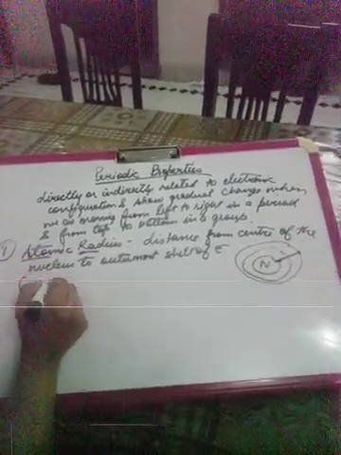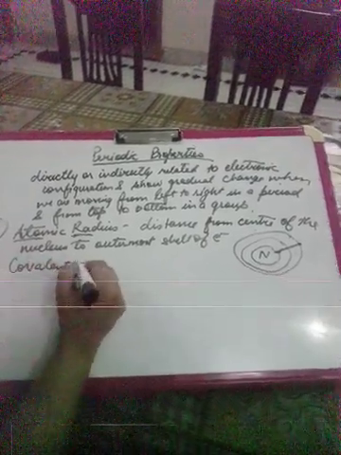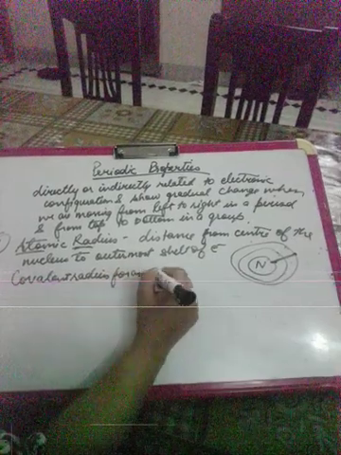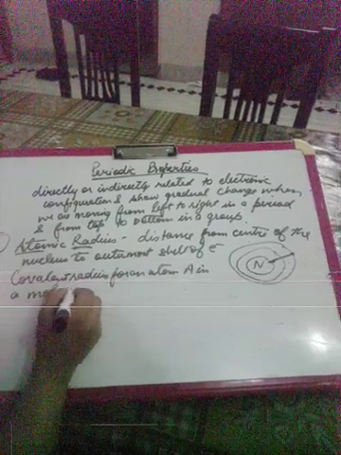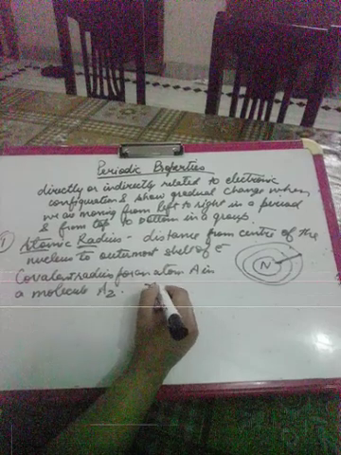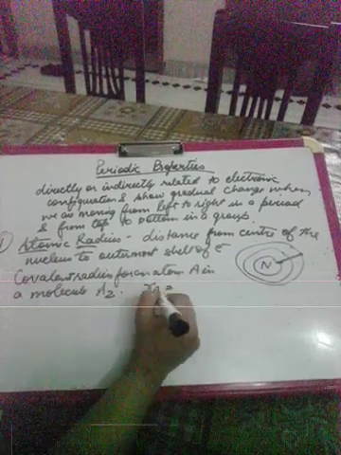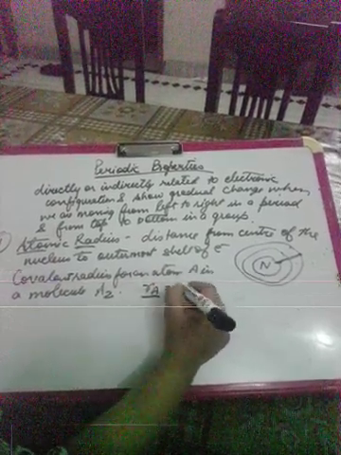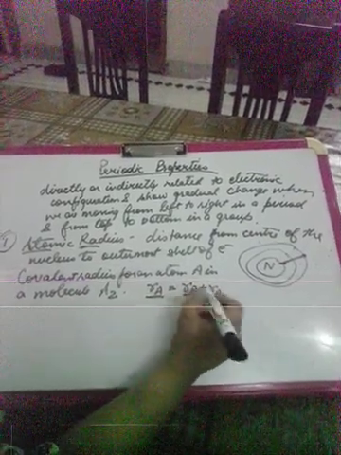And you should know the covalent radius for an atom A in a molecule A2. It can be calculated as RA plus RA divided by 2, because it is an A2 molecule over here.